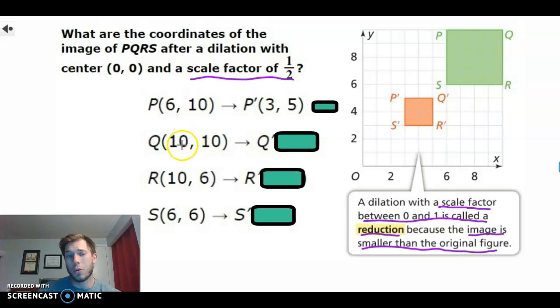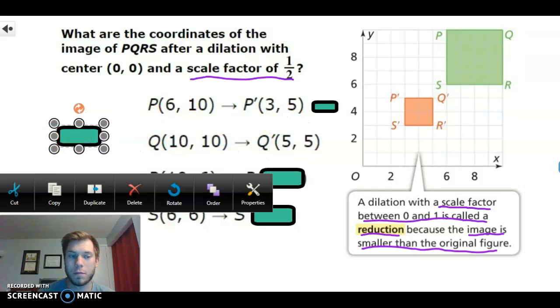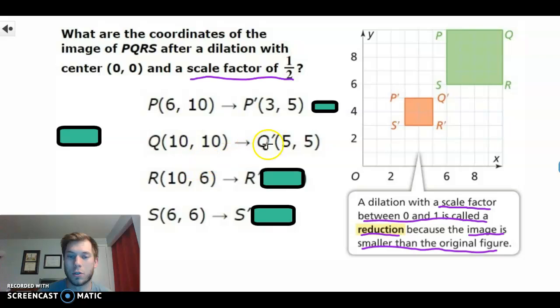So Q is 10, 10. So Q prime, when multiplied by a scale factor of 1/2, 10 multiplied by 1/2 and 10 multiplied by 1/2 would get us the ordered pair 5, 5. So Q prime is 5, 5. R is originally 10, 6. When multiplying that by the scale factor, 10 multiplied by 1/2 is 5, and 6 multiplied by 1/2 is 3.